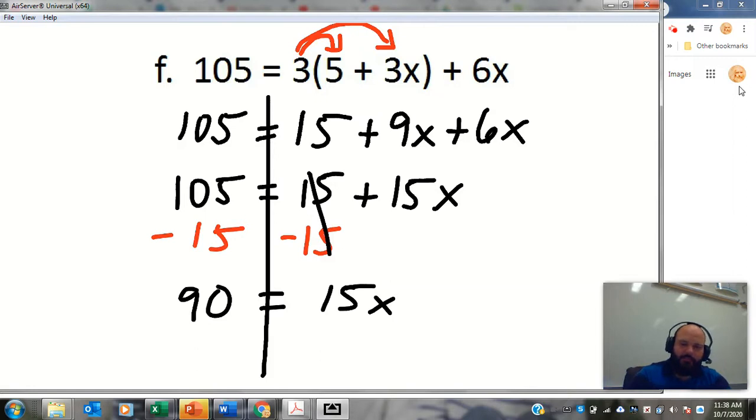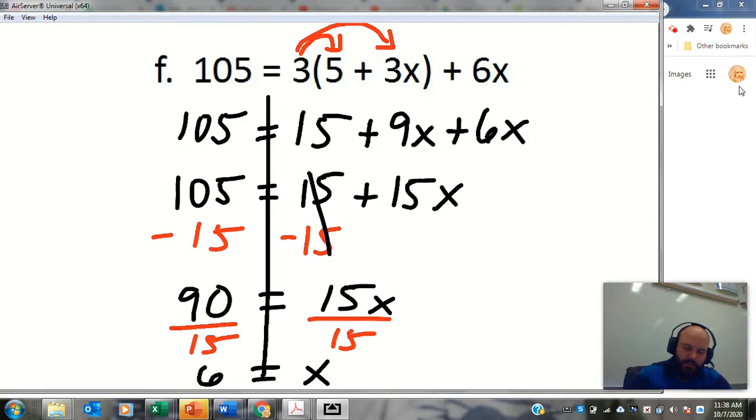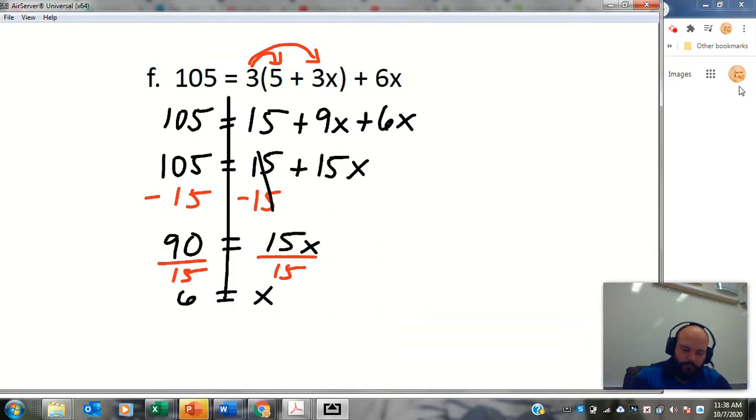And then this 15 is multiplying the x. So I'm going to divide this by 15, divide this by 15, and I'm going to be left with x equals 6. And there's our final answer. X is 6.